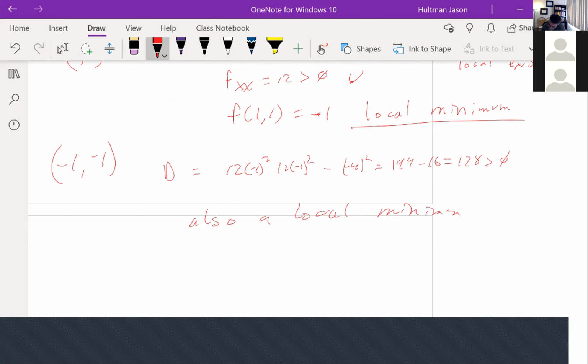Let's look at f of xx. That's 12 times negative 1 squared, which is 12, greater than 0. So it's also a local minimum. So how can you have two local minimums and then a saddle point? It's kind of weird, right?